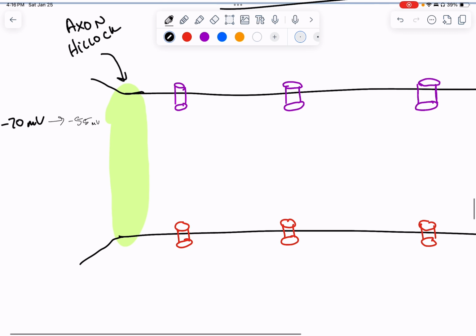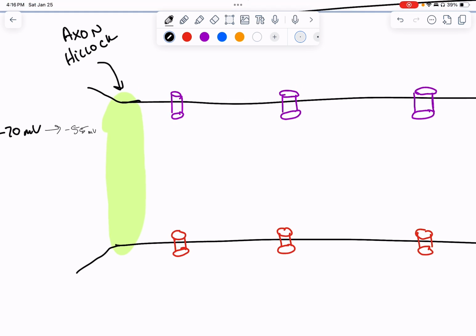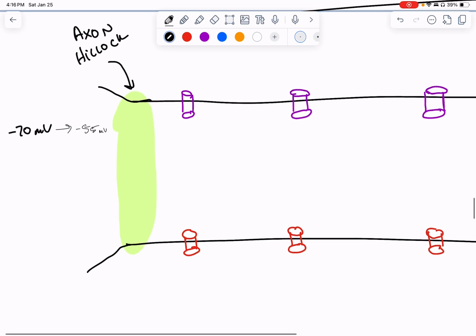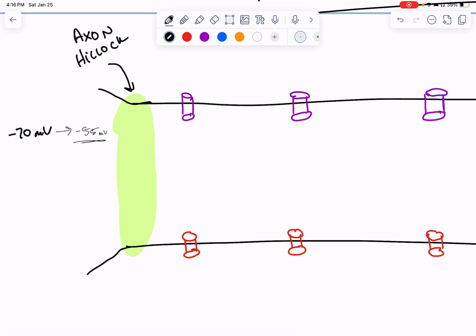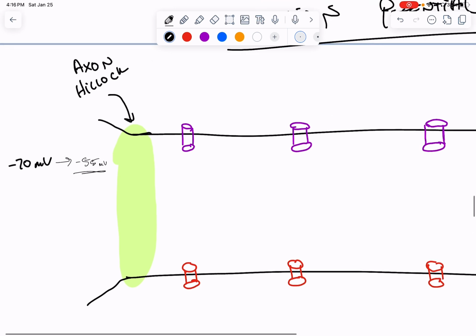This is when we can start this wave of action that moves down the axon and releases neurotransmitters and moves it down to the next neuron. And this is all because we finally hit this negative 55 millivolts right here in the action potential in the axon hillock. That's where it starts first because the axon hillock has a super high concentration of sodium gates.